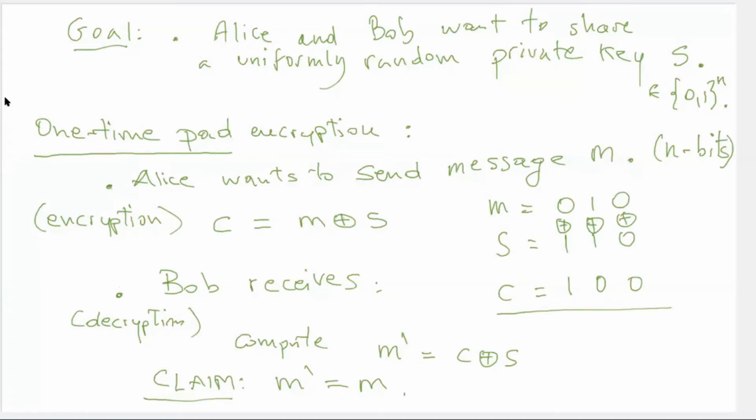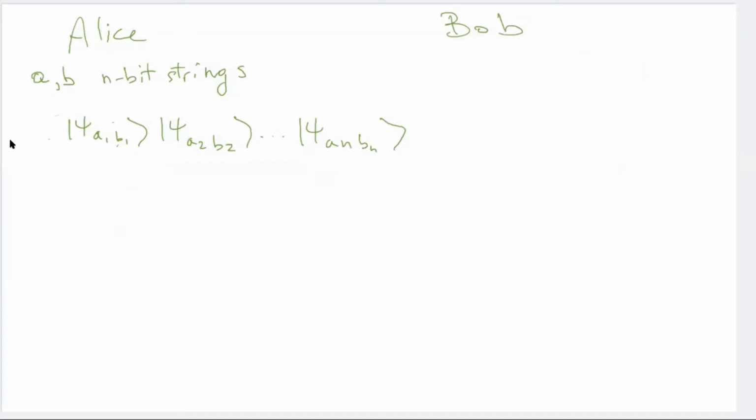First, Alice will sample two uniformly random n-bit strings, A and B. Ai is the ith bit of A, and Bi is the ith bit of B.